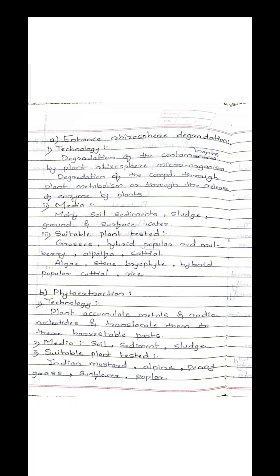So enhancing the rhizosphere ultimately reduces the contaminants of this area. This is one of the methods used in phytoremediation. In the rhizosphere area, the microorganisms increase. These microorganisms use the contaminants in metabolism processes, and through this metabolism different enzymes are released by the plants.